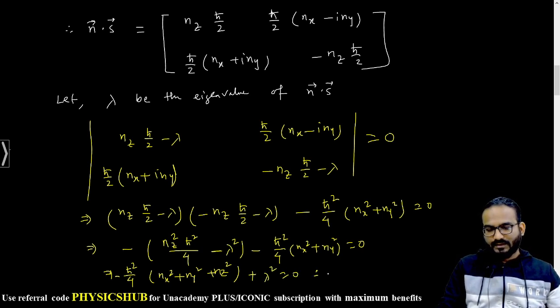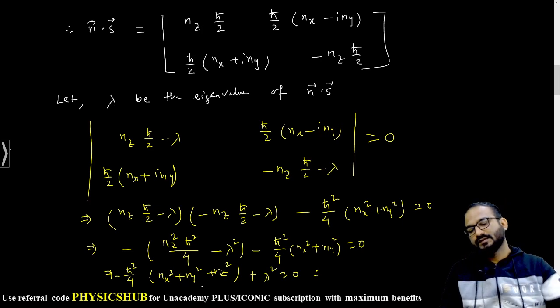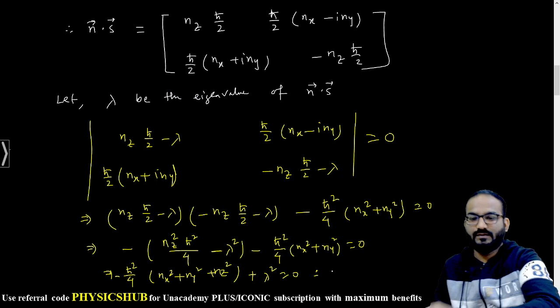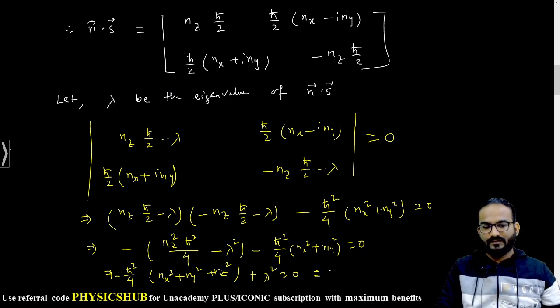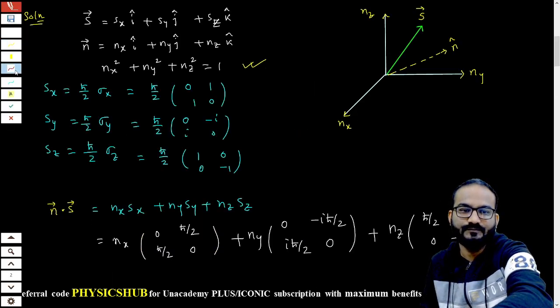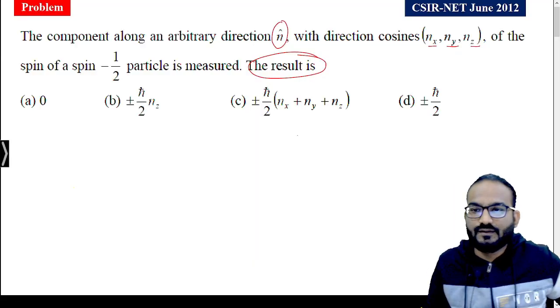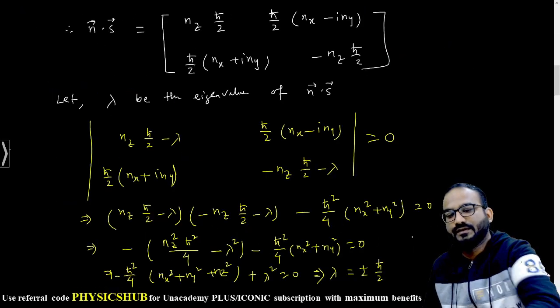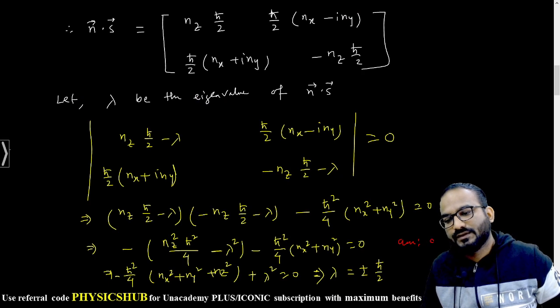From here we are getting nx square plus ny square plus nz square, which I have already talked about. On that we can directly write the lambda values as plus minus h cut by 2. Is there any option? Yes, option D is matched. So that is the correct answer.